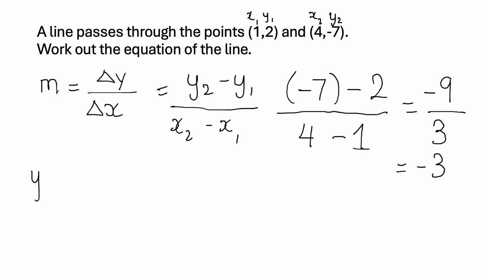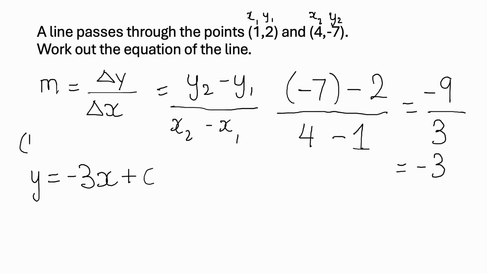Then we put it back into the equation of a line, which is y is equal to mx plus c, but we know what our m is, which is negative 3. So y is equal to negative 3x plus c. Now we need to work out what our c is. Because the line passes through these two coordinates, we can substitute one of these coordinates into this equation.